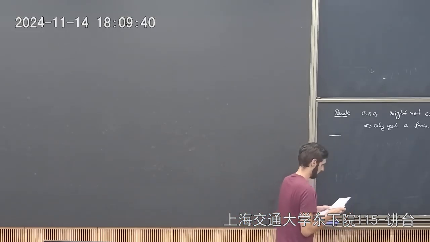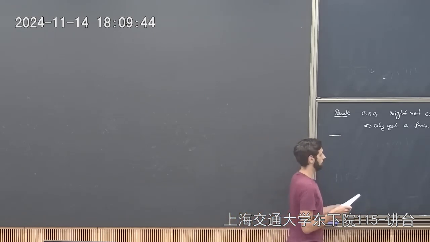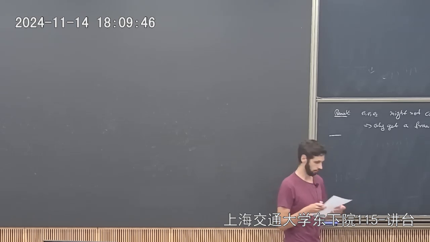And the second one is now we talk about oriented surfaces, for which we at least have a global version of the normal direction.